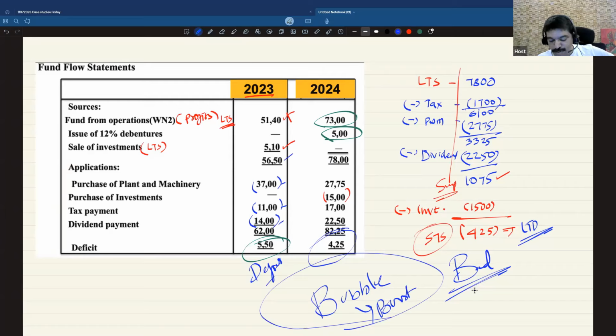It communicates many stories, because with the balance sheet and P&L, you have to use the information, corroborate, relate, only then you can make anything out of it. But this is one statement which will communicate their decision making strategies, their strategic financial management, whether they are mismanaging finances, whether they are diverting, whether they are smart in their investment decisions. Everything will come to light when you read this fund flow statement.